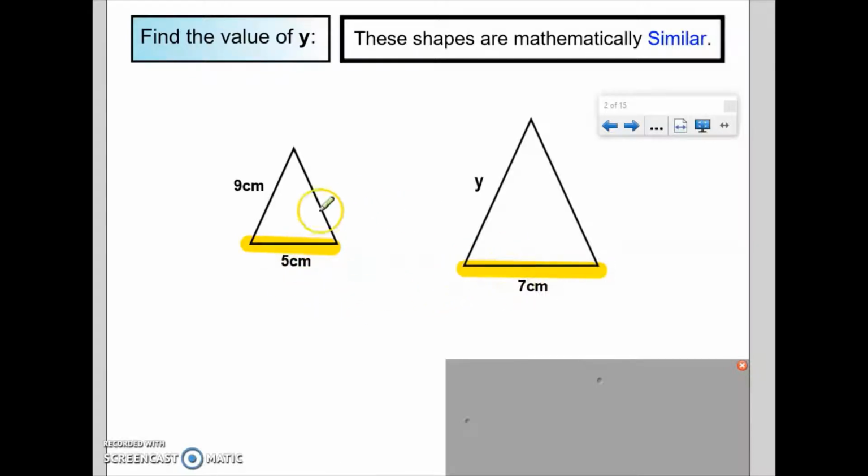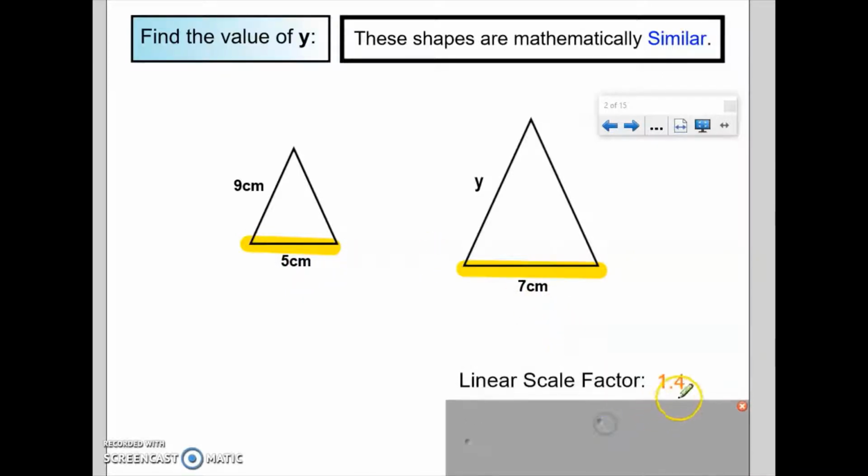In order to find the scale factor, I'm going to take this length and divide it by this length. 7 divided by 5 tells me that my scale factor is 1.4. So if I took 5 centimeters, multiplied it by 1.4, I'd end up with 7 centimeters, which means I can go ahead and solve the problem.